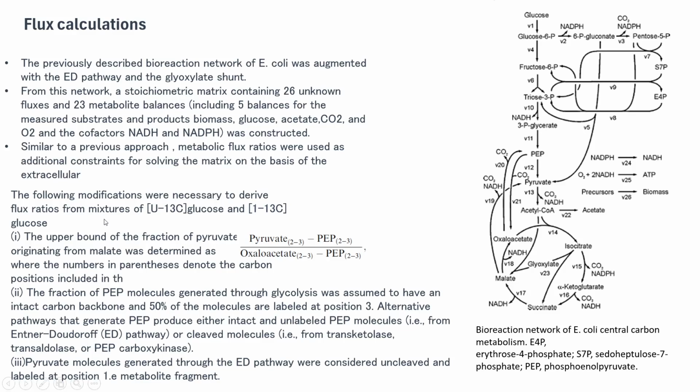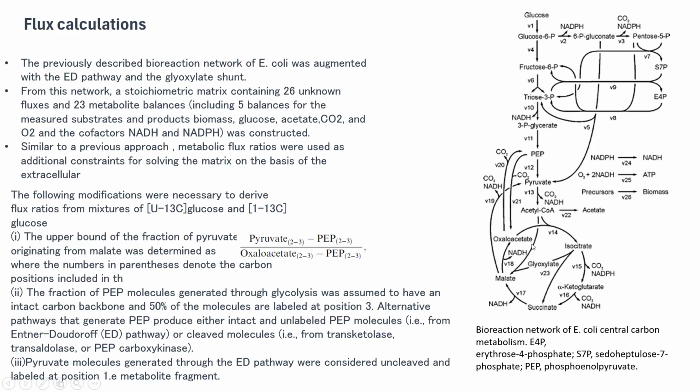So the following modifications were necessary to derive the flux ratios from a mixture of this 13C glucose and basically unlabeled and one 13C glucose. The upper bound of a fraction of pyruvate originating from malate was determined as basically pyruvate minus PEP by oxaloacetate minus PEP.